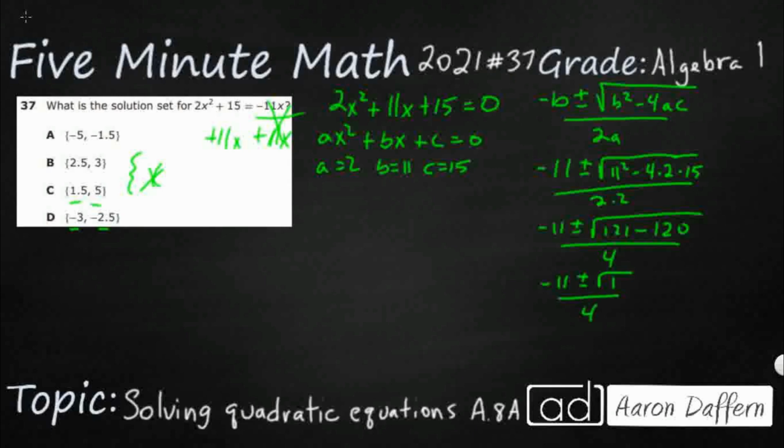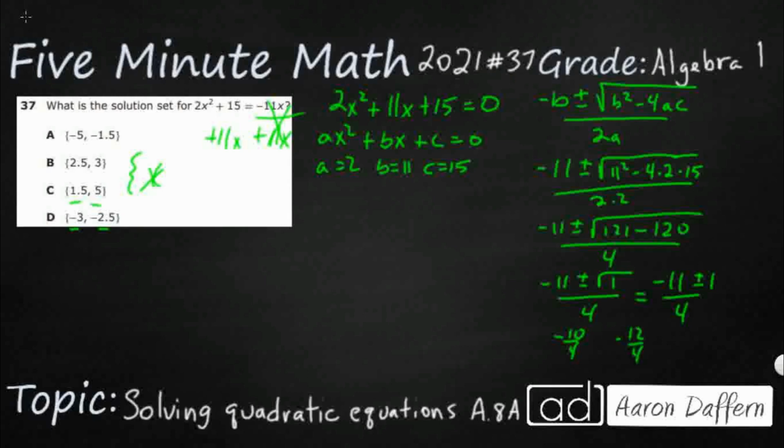So that's going to equal negative 11 plus or minus square root of 1, which is 1, over 4. So it's going to be negative 11 plus 1, so that could be negative 10 over 4, or negative 11 minus 1, that's going to be negative 12 over 4.